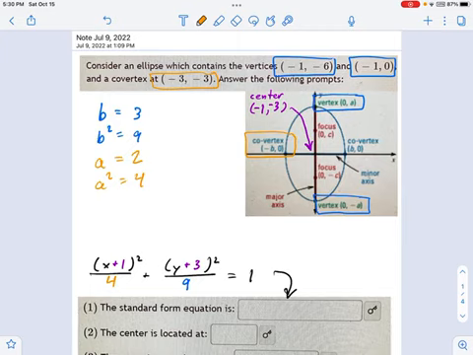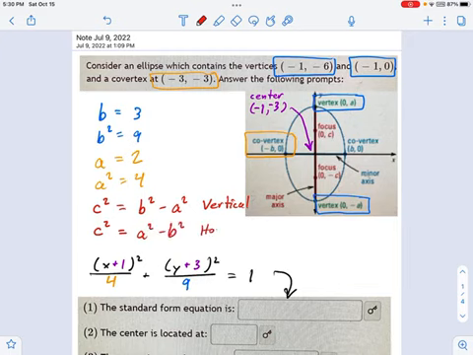What I also want to do while we're on the topic is talk about c squared. Okay, c squared is equal to, if we're dealing with a vertical ellipse like we are, b squared minus a squared. That's for a vertical, where b is greater than a. If a were greater than b, if this were horizontal, this would be a squared minus b squared.